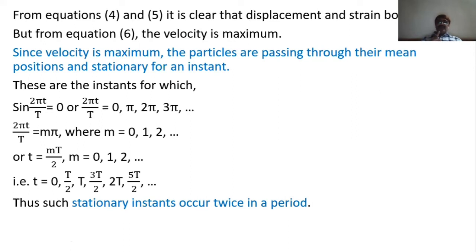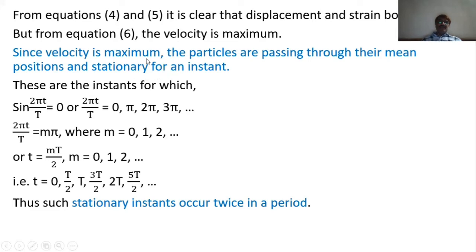Remember very well. That means since velocity is maximum, all particles are passing through their mean positions or normal positions, and they are stationary for an instant. Okay, with their maximum velocities, they are stationary for an instant.